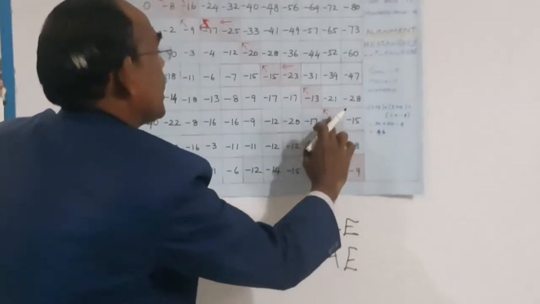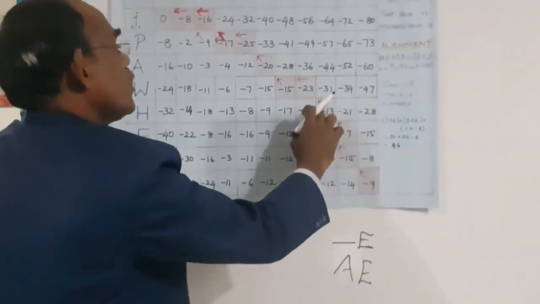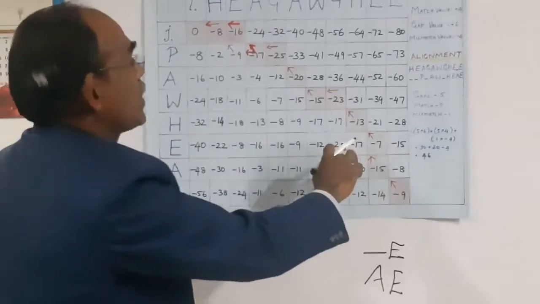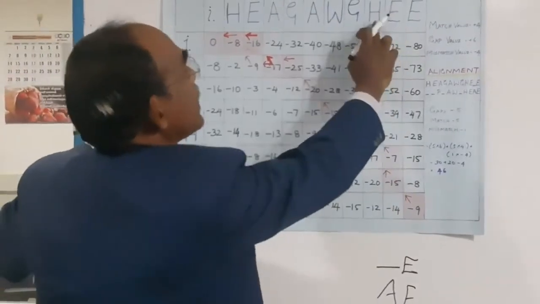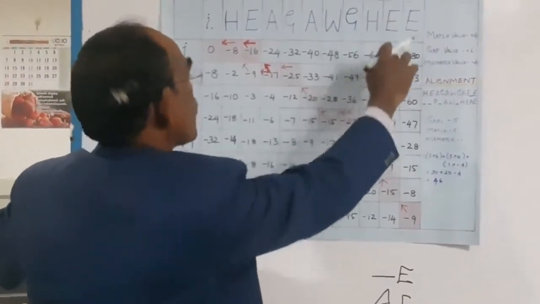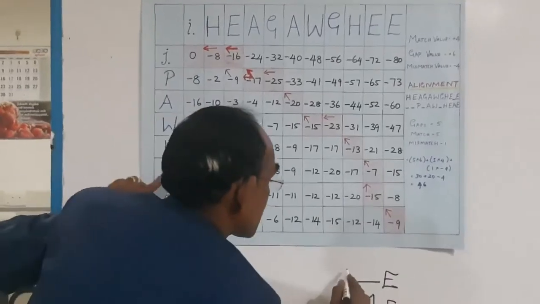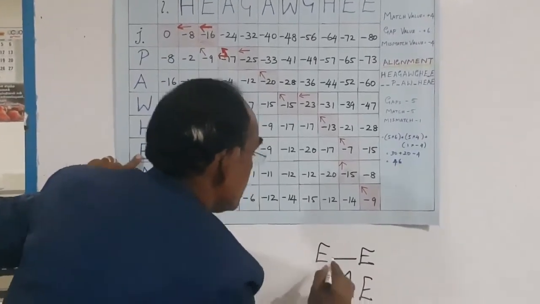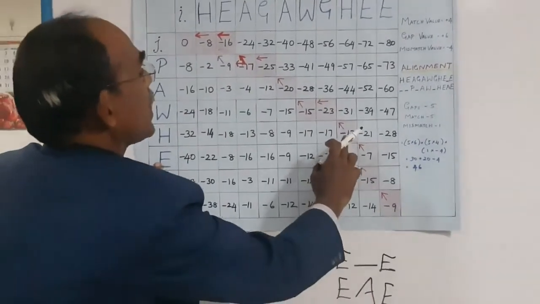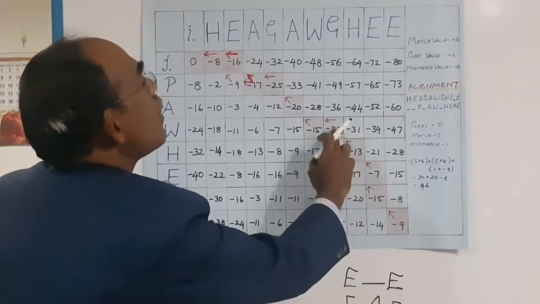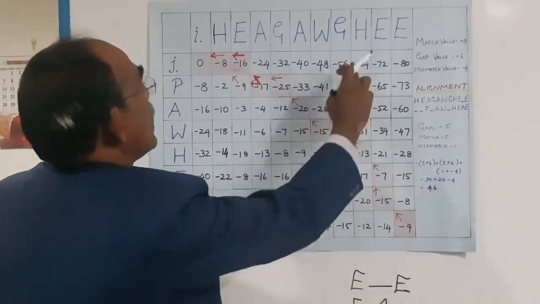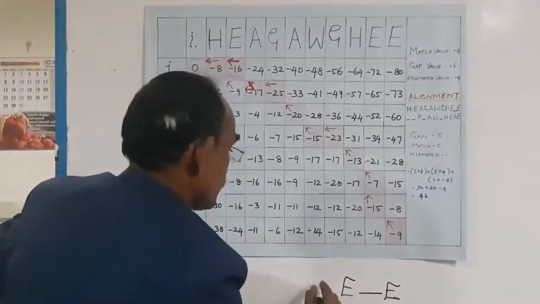From this point, it is again moving diagonally into the next cell. So it indicates there is one more E that is aligned with the second string E. E with E. Now, once again, the move is diagonal, and here the H is aligned with H.